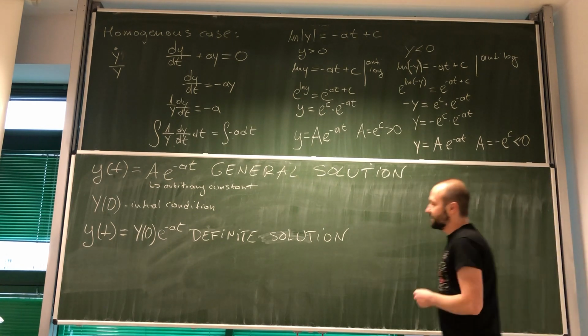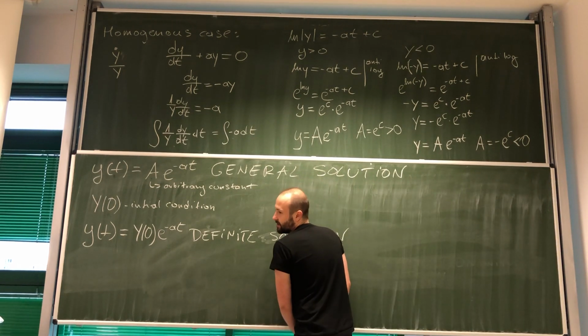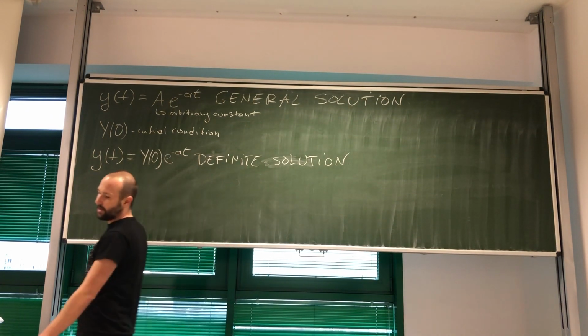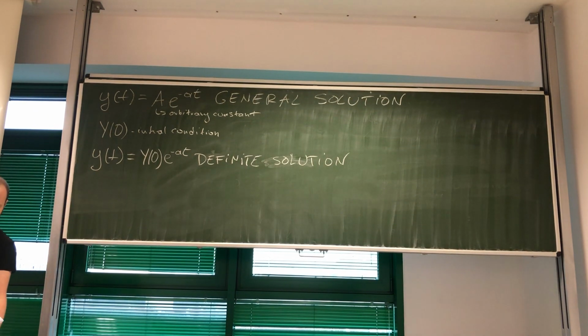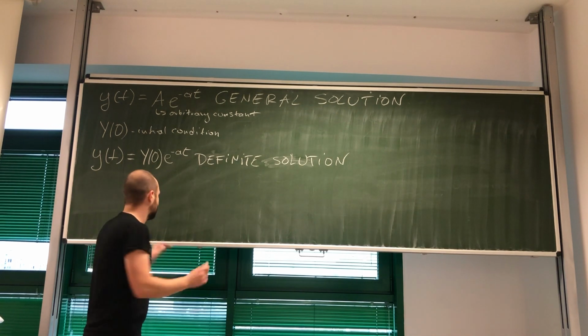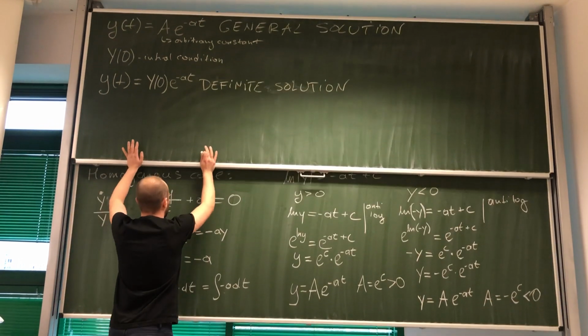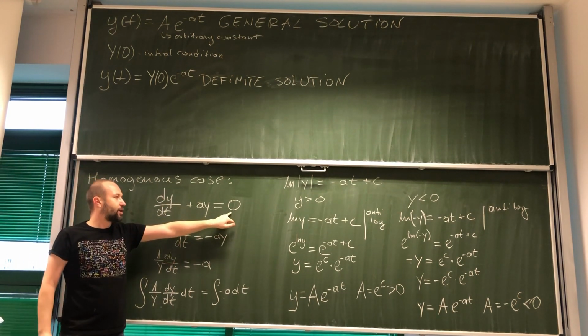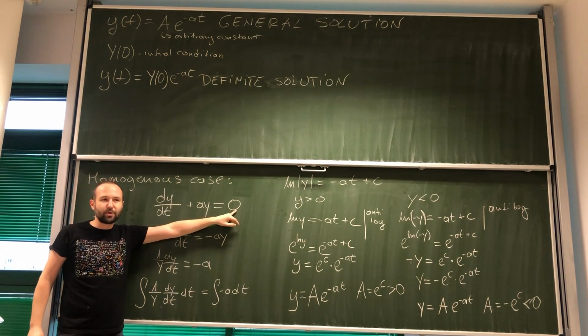Okay, but so what we have accomplished at this moment. At this moment we have found a solution, but to a homogeneous equation, right? With homogeneous equations, remember, we need the one in which b is equal to 0.